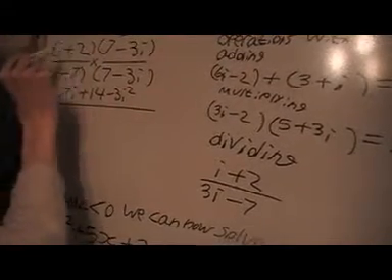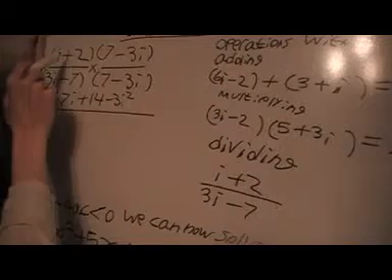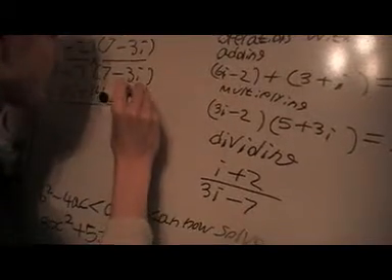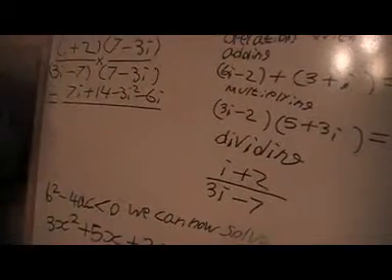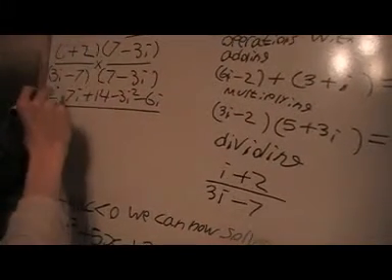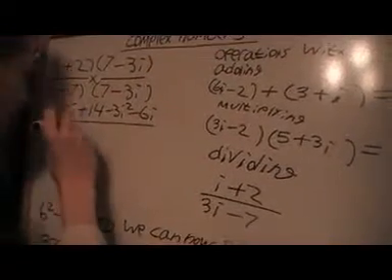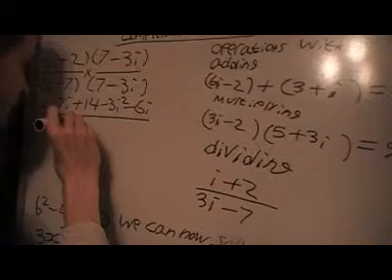And the last one here is the plus 2 times the minus 3i, which is minus 6i. And the bottom one here, we'll notice that this is the difference of two squares, kind of. That's 9i squared.